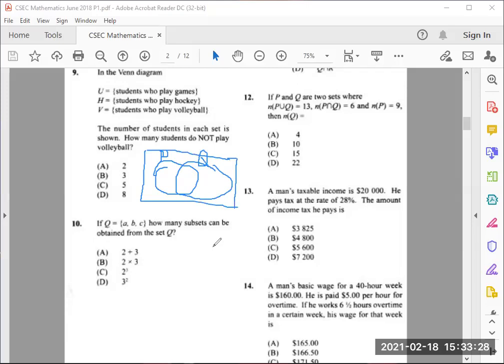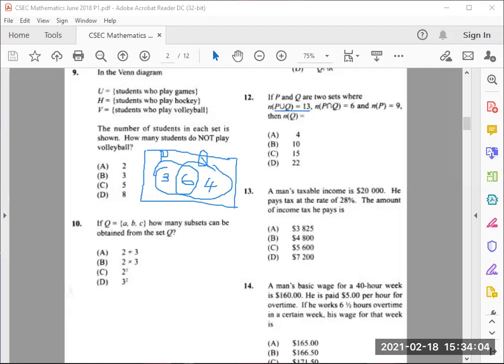The question says that the intersection has 6, but the total number in P is 9. So 6 from 9 gives you 3, right? So 6 plus 3 is 9, but your total number here is 13. So 9 from 13 gives you 4.